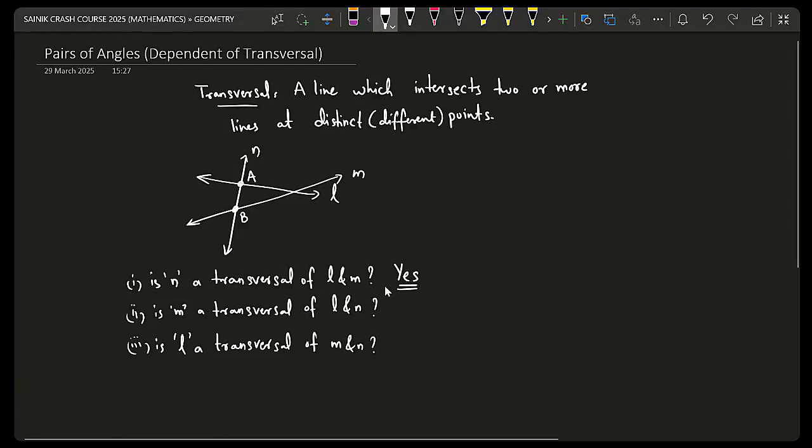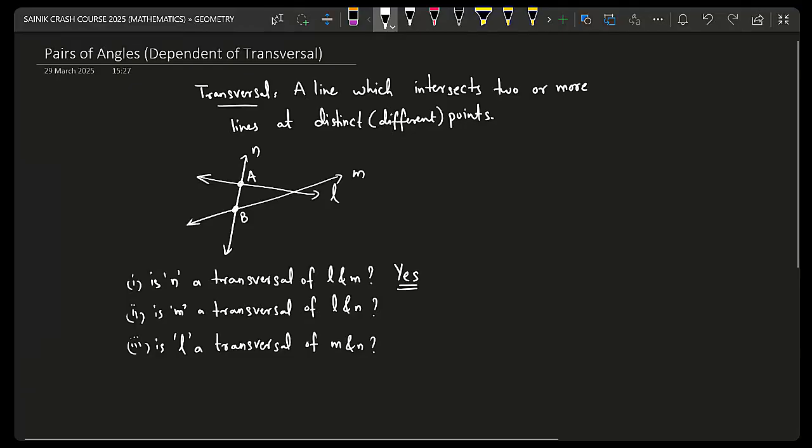So two more questions. I expect the answer from your side. Who is going to answer the next two questions? Daksh, can you read the second question? Is M a transversal of L and N?